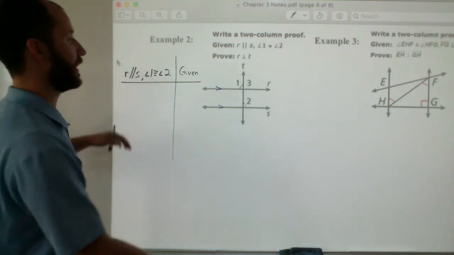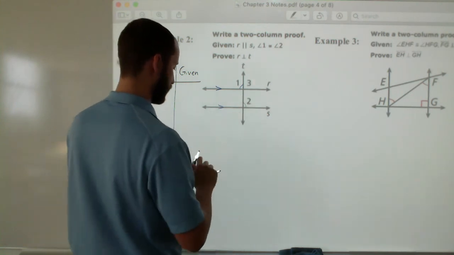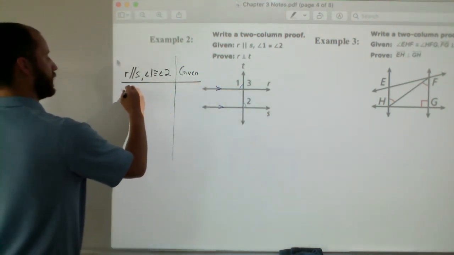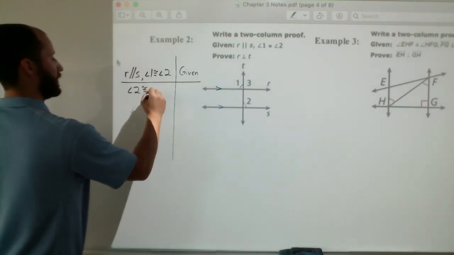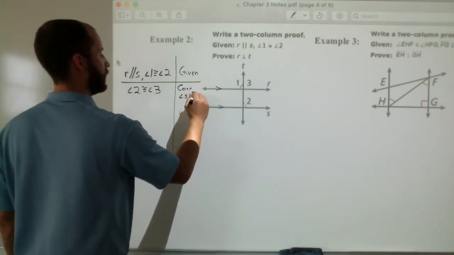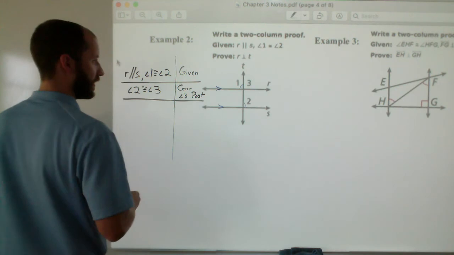Okay, first, R is parallel to S. So we have R and S. I see that I have an angle pair, angles 2 and 3. Those are corresponding angles. Because the lines are parallel, that means angle 2 is congruent to angle 3 by the corresponding angles postulate. So let's get a different color in there.